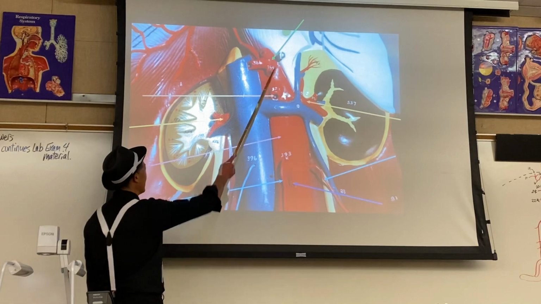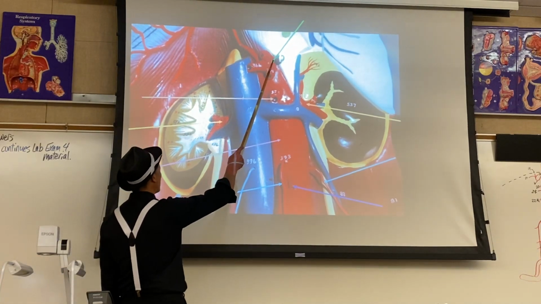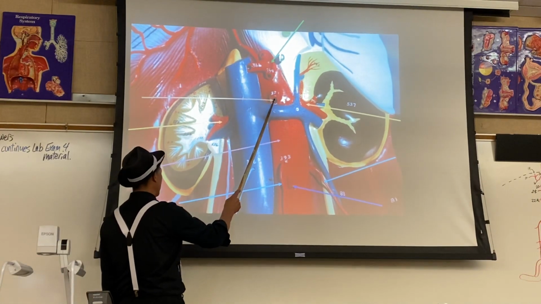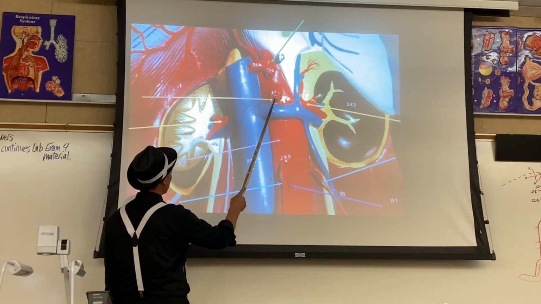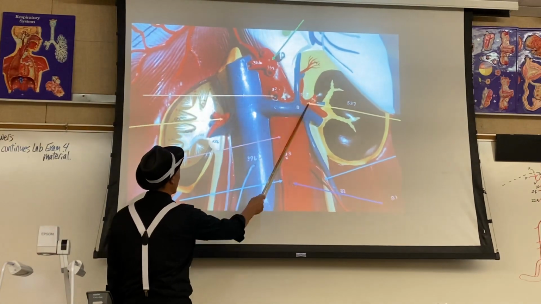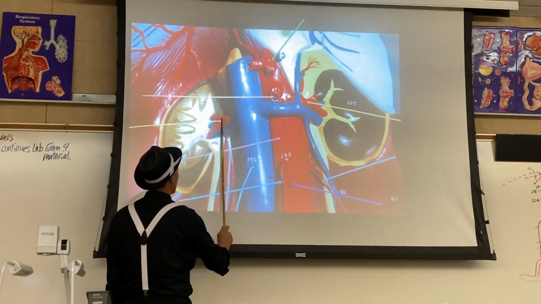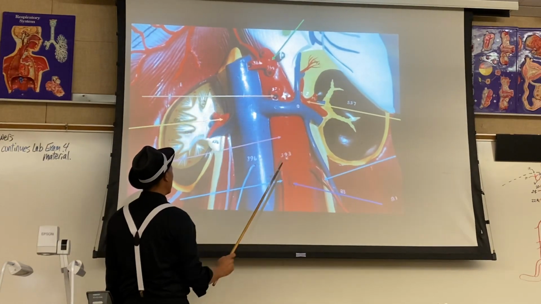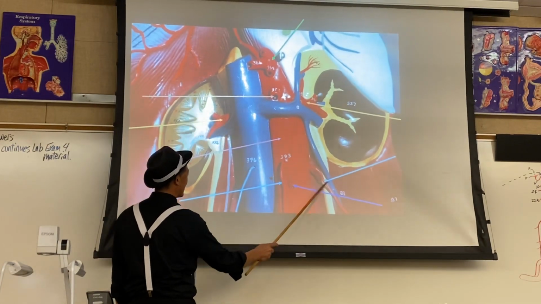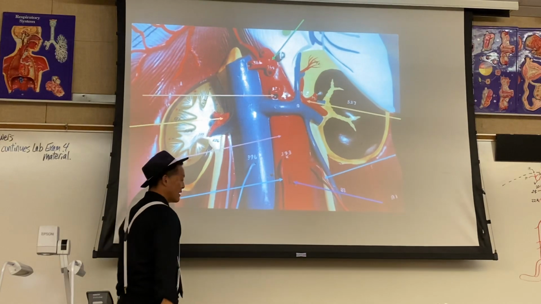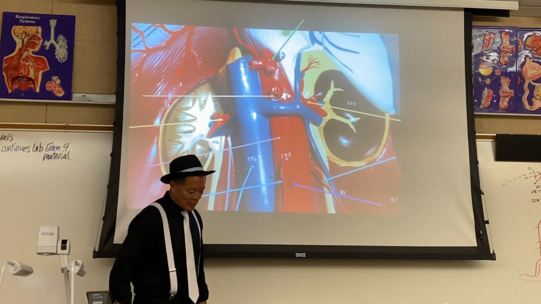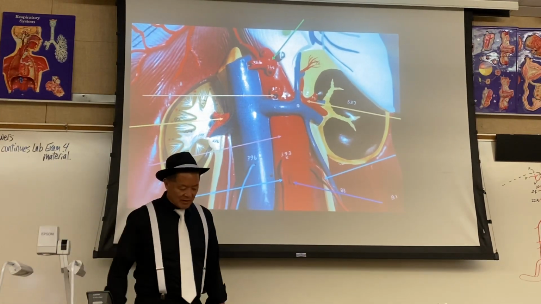First one is what? Celiac trunk, 16. Second one is what? Superior mesenteric, 20. Third is what? Right and left renals, 21. Next is what? These are right and left testiculars as well. If you look at that model, he's got junk.